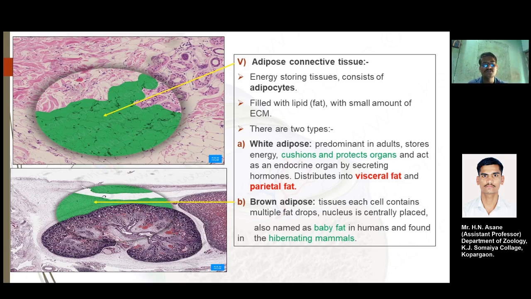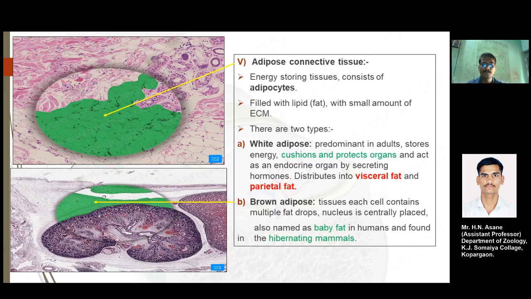So there are two types of adipocytes or adipose tissue, the white adipose tissue and the brown adipose tissue. The white one you can see in the first picture, highlighted in green color, and it is very much in abundance.